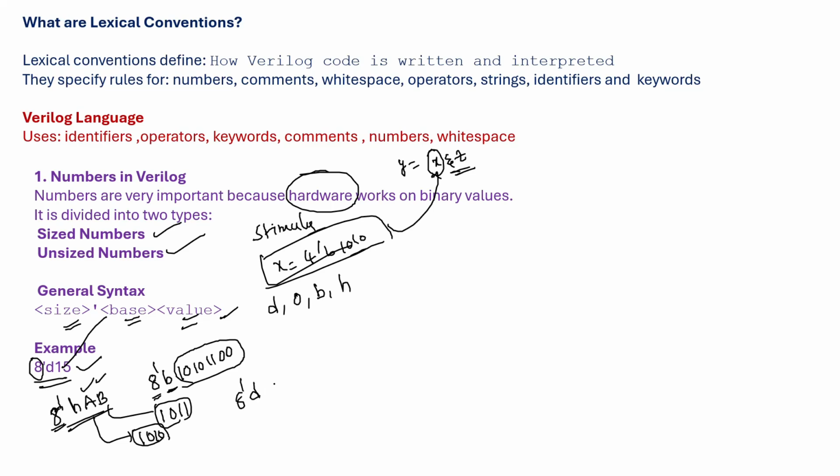8'hD15 means 5 is one number, 1 is another number.